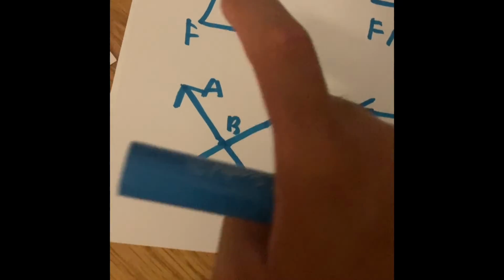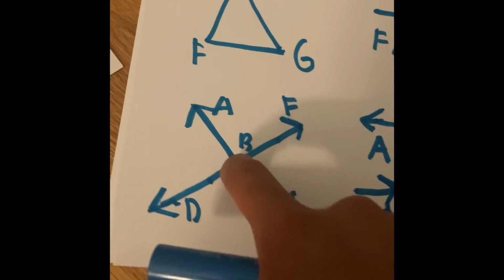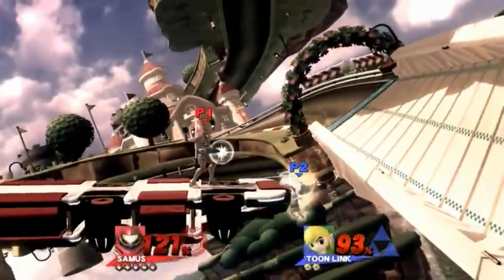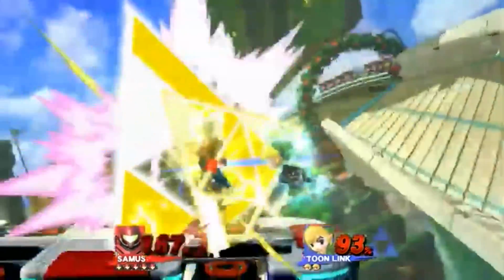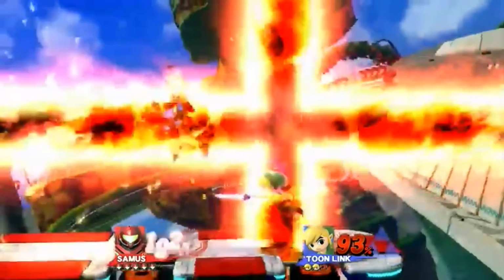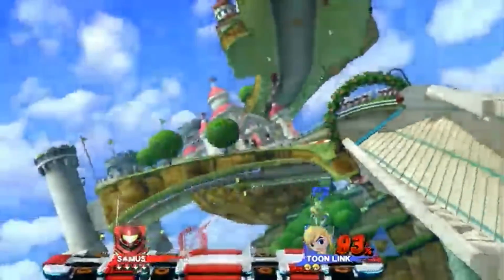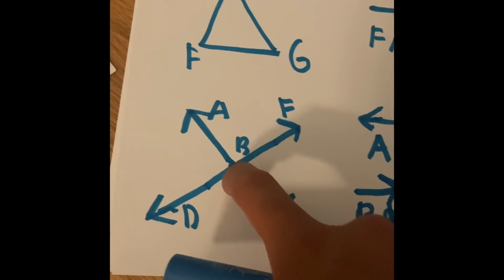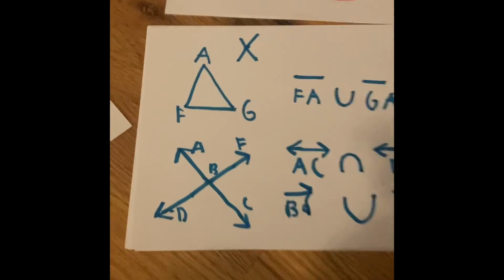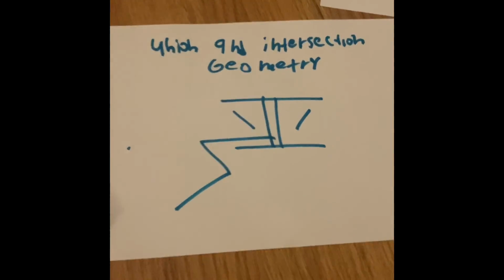They both meet together, which means it's a union! And that is how we can understand union and intersection with the geometry version.